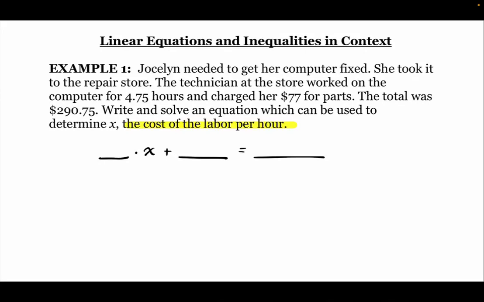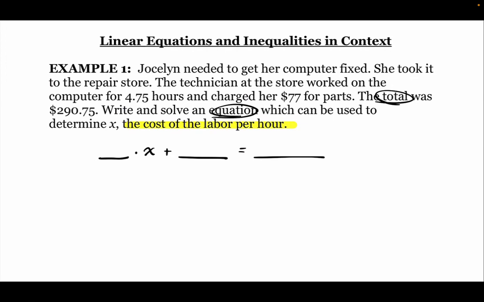What two words in that paragraph would tell us it's going to be equals? Total is one of them. And what's the other one? It starts with an E. Equation. Both of those combined, we know it's going to be equals.